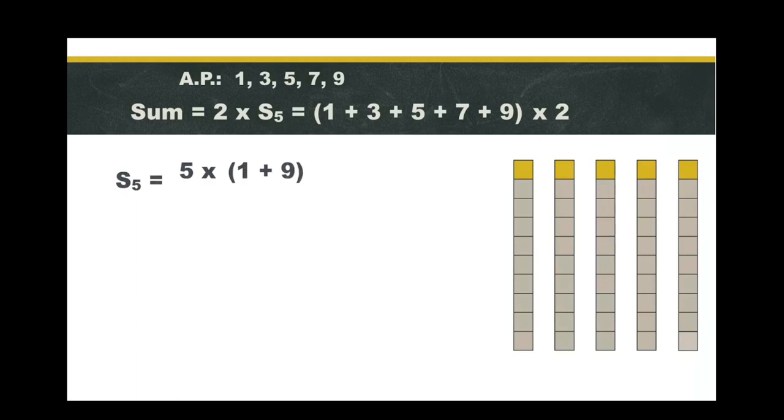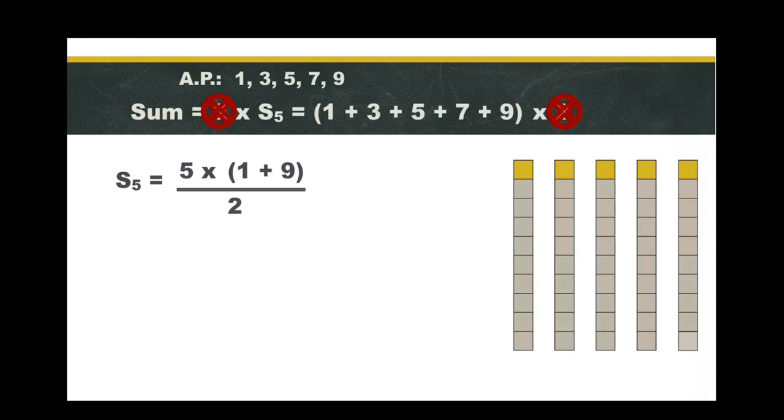And since we have taken this sum 2 times, to find the required sum we will divide it by 2. So we get the sum of our given AP as 5 times 1 plus 9, divided by 2.